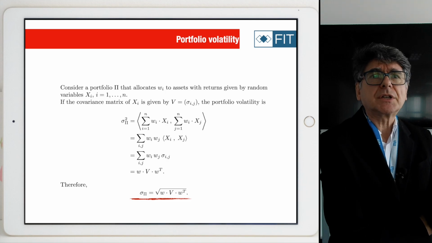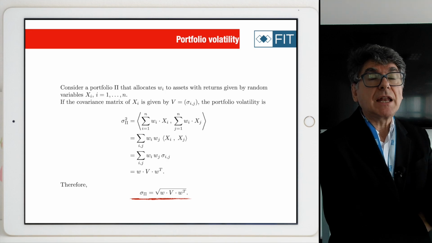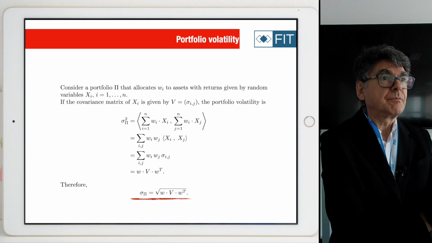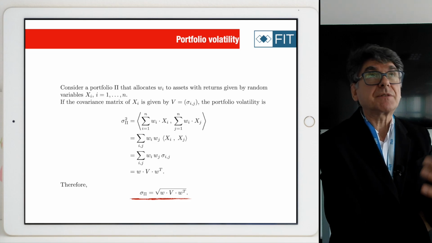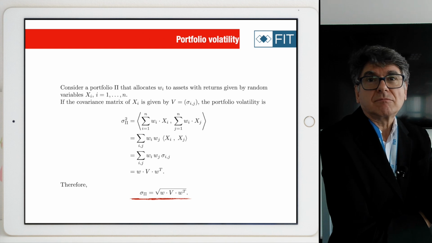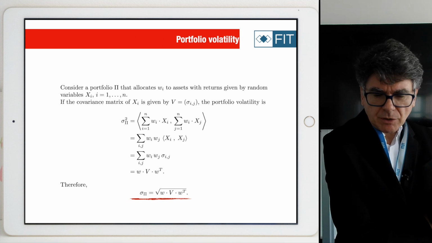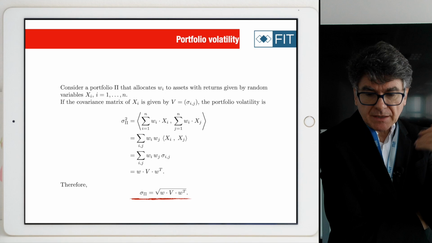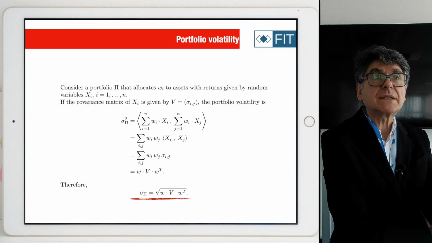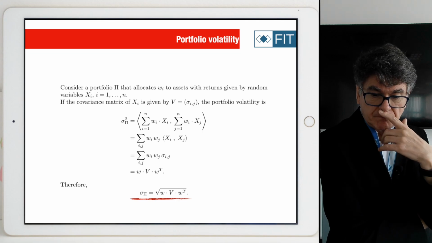Maybe you've seen that in the context of a linear combination of Gaussian random variables being a Gaussian random variable, and it has a variance-covariance matrix given by that. Either way, this gives us the portfolio volatility as a function of the weights and the covariance.